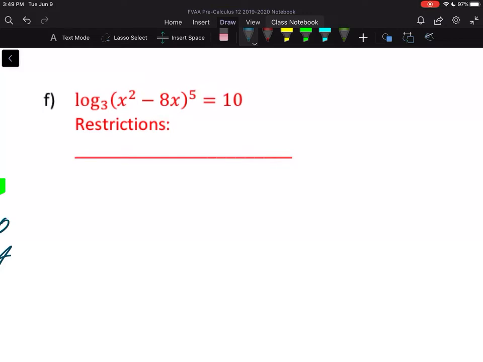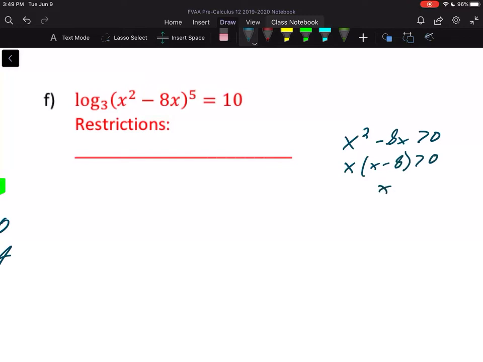Okay, again, I need to figure out a restriction. So x squared minus 8x must be greater than 0. And so in this scenario, for restrictions, you have x bracket x minus 8 must be greater than 0.